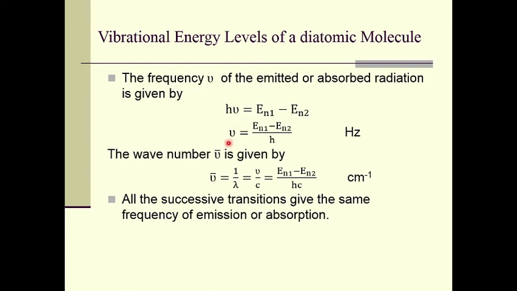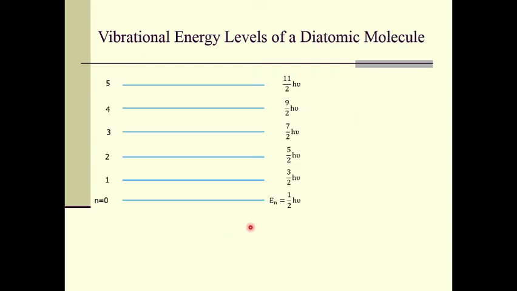That means all the transitions are giving the same single frequency, or the same single wave number, and therefore the same wavelength, we can say. That means any transition between any successive vibrational energy levels gives rise to the same frequency, same wavelength or same wave number. That we will see from this diagram, right?